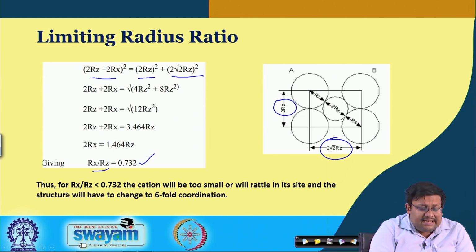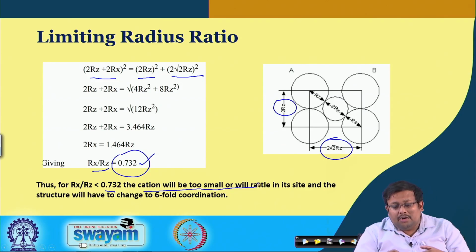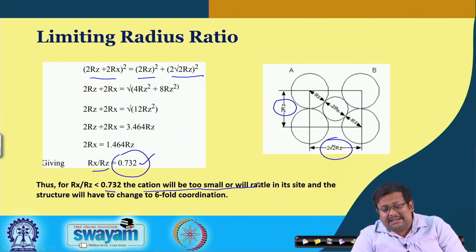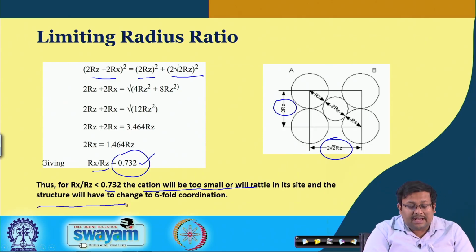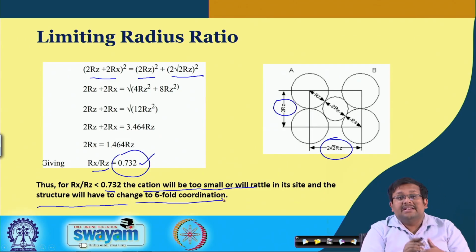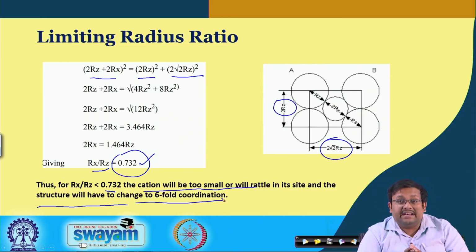So, this ratio, 0.732, is the cutoff. If the radius ratio goes below 0.732, the cations will be too small and will rattle in their site, the structure will collapse, and it has to change to a 6-fold coordination. So, this is the implication of limiting radius ratio.